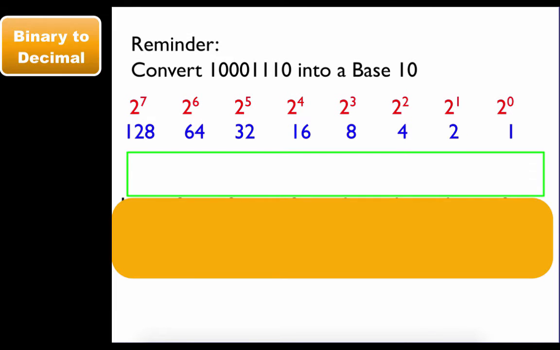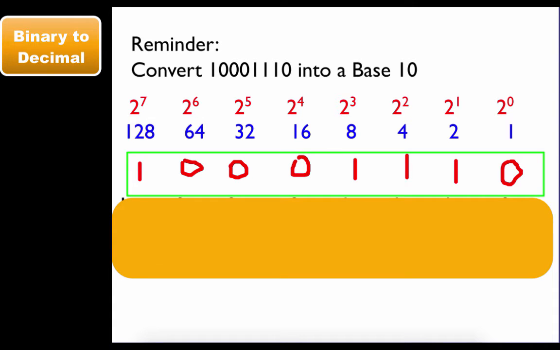What if you wanted to convert a binary number into a decimal number? Well, let's have a look at this example. Here we have 1, 0, 0, 0, 1, 1, 1, 0.